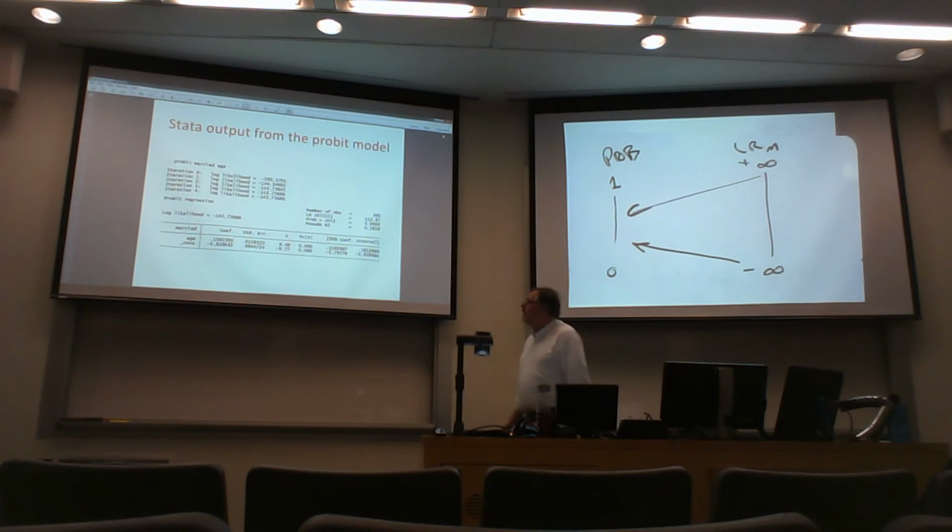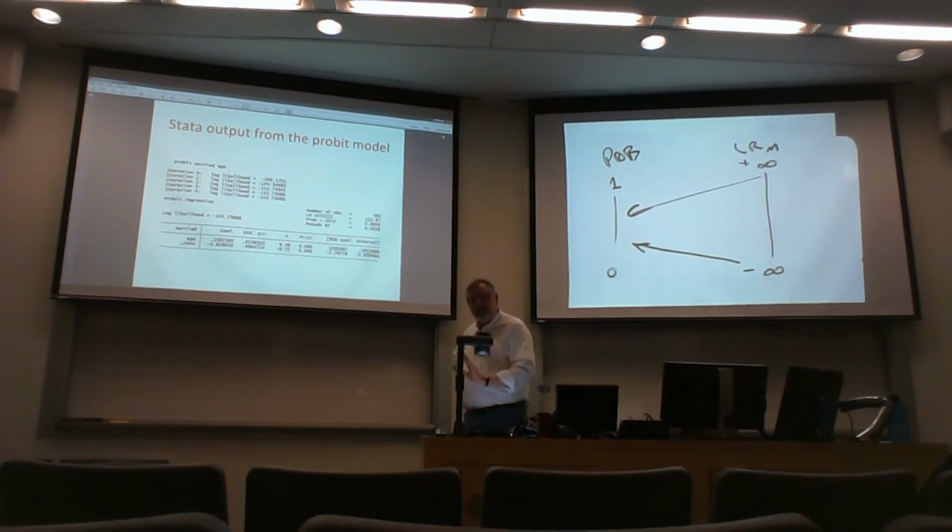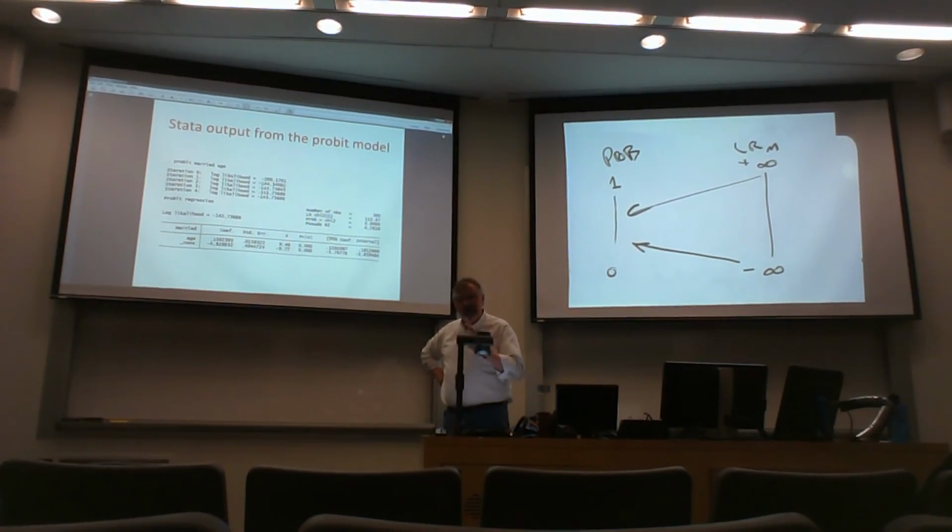This is an example. Probit regression, person married on age. Now, I mentioned that with Probit and also Logit, the way it finds the coefficients mathematically is a little different. It uses maximum likelihood estimation. If I have time, I'll show you just a bit of what that is in a qualitative sense and why it's necessary.